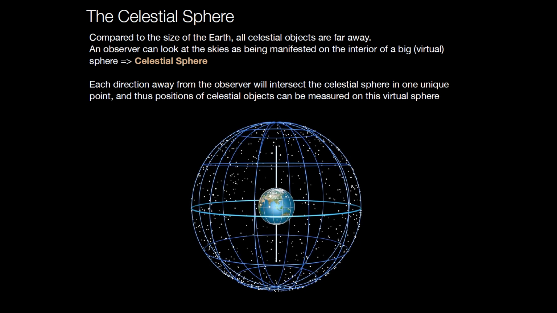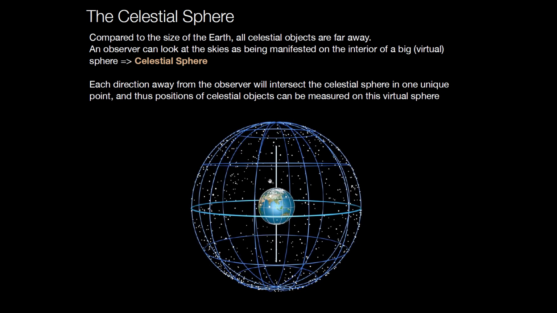So the idea is that you project out the lines of latitude and longitude onto an imaginary sphere that surrounds the Earth. And on this imaginary sphere, depending on which direction the star is, you could imagine that the stars are all just stuck on the surface of this imaginary sphere.